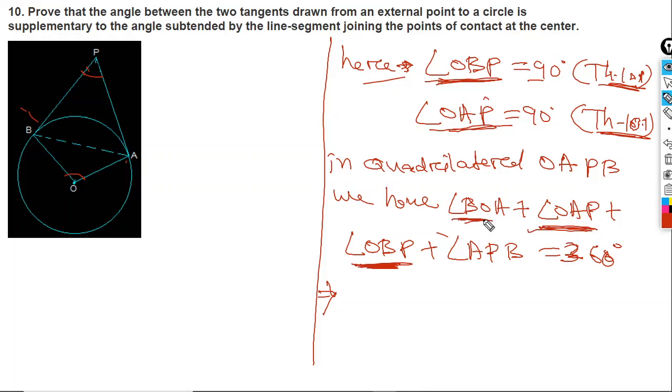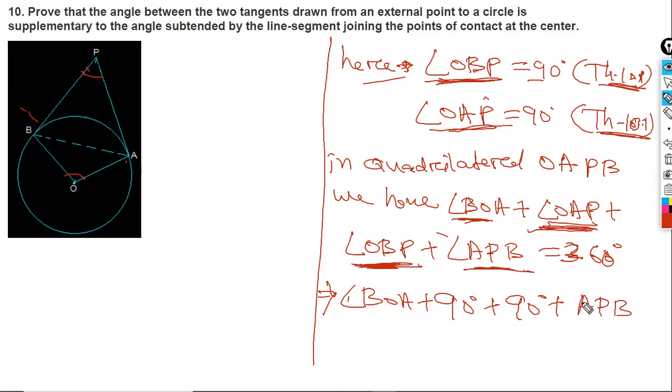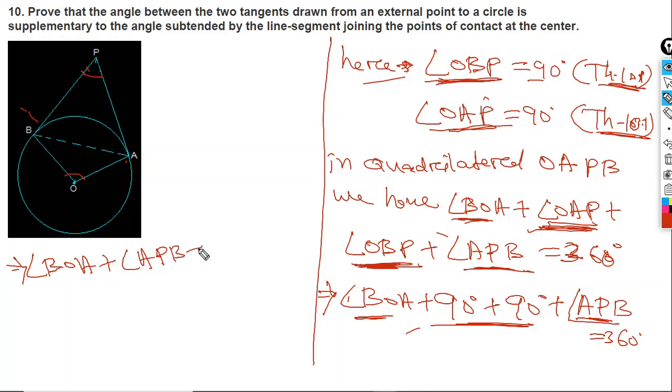So just write this only. Angle BOA plus this is 90, right? 90 degrees plus this angle is 90 degrees plus angle APB equals 360 degrees. Implies, now 90 plus 90 is here 180. Here angle BOA plus angle APB plus 180 degrees equals 360.